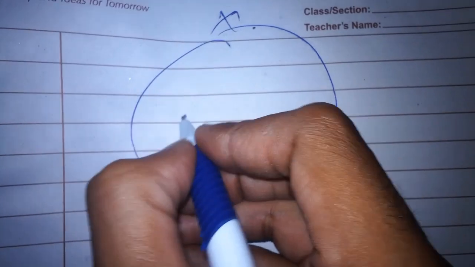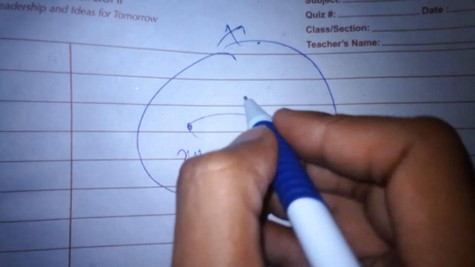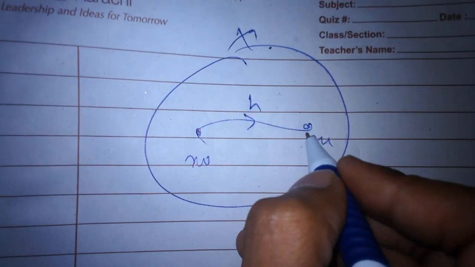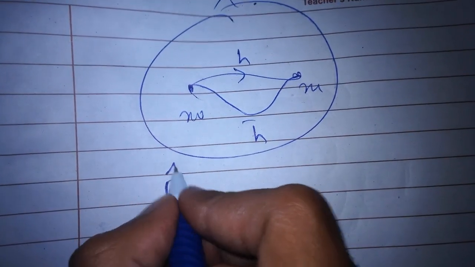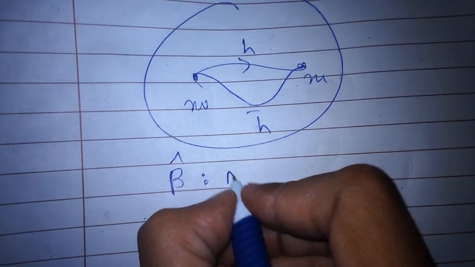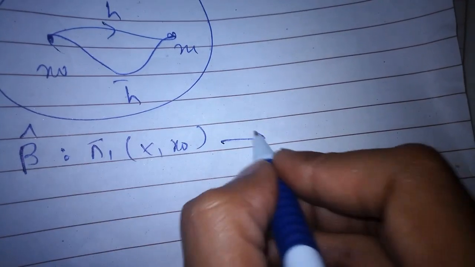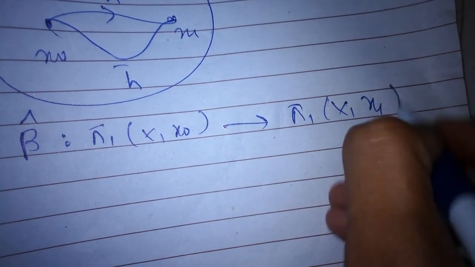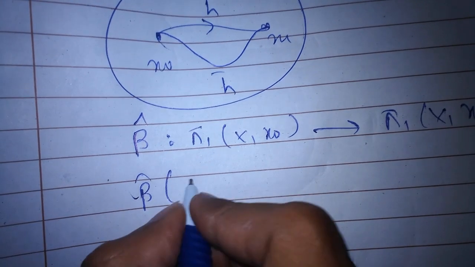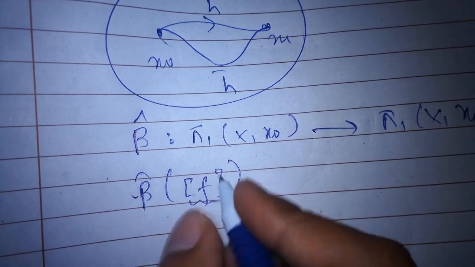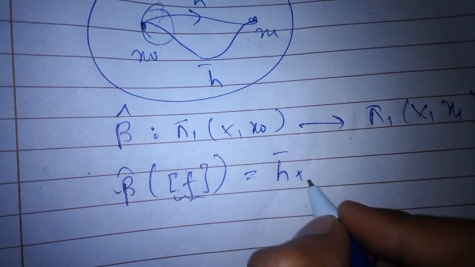This is x naught, and this is x1, and the path from x naught to x1 is h, and the reverse path is h bar. So beta h is the map from the first fundamental group of X at x naught to the first fundamental group of X at x1. And the equation of this: if we substitute a loop from x naught, we will get h bar.